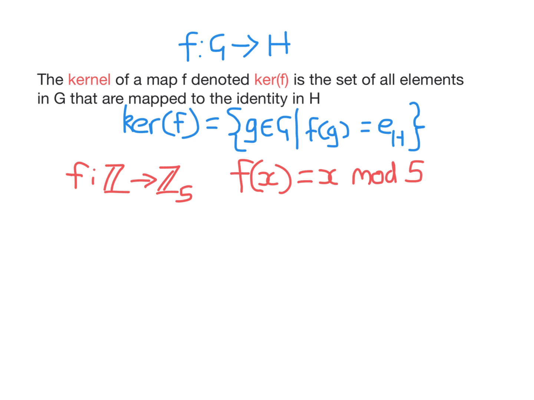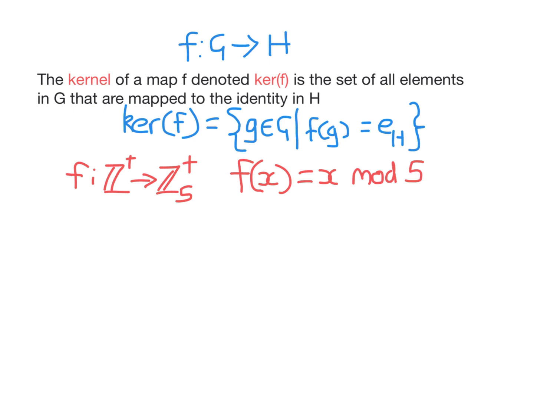So let's return to our homomorphism from the integers to integers modulo 5. Both of these under the operation of addition are groups. So we have the same map that we had before. So what would be the kernel of this homomorphism? We saw before that it was a homomorphism.